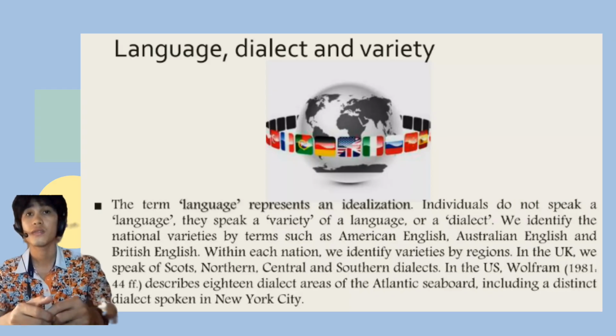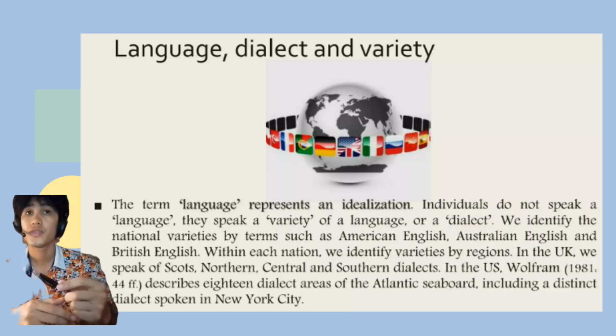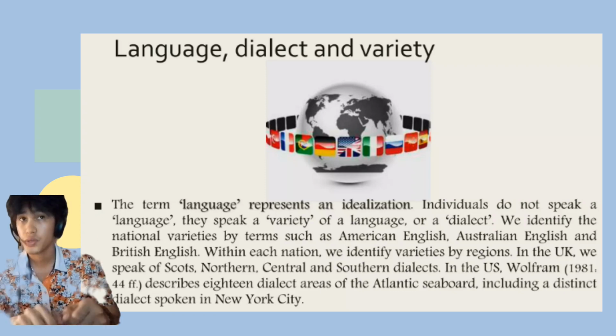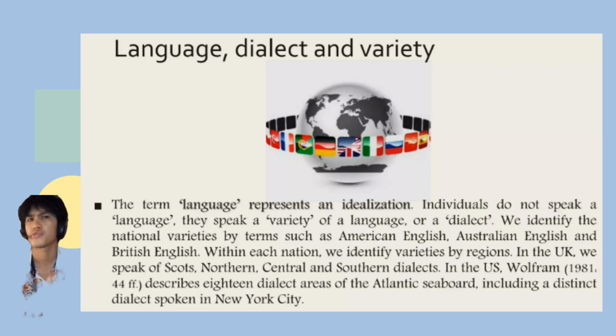Let's move on to language, dialect, and variety according to Kachru. The term language represents an idealization. Individuals do not speak a language, they speak a variety of a language or a dialect. We identify the national varieties by terms such as American English, Australian English, and British English.